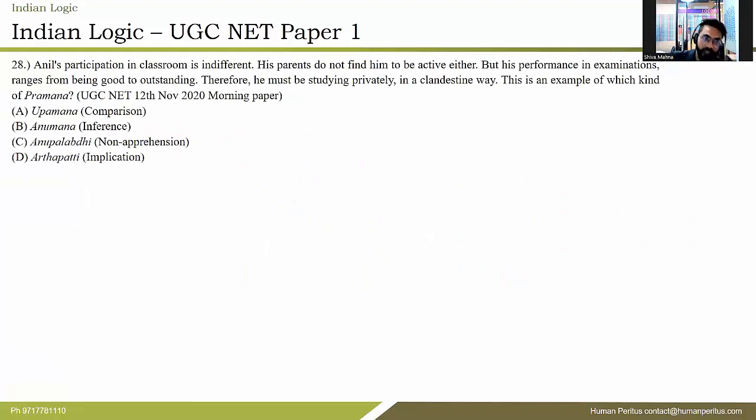The next question is, Anil's participation in classroom is indifferent. Even his parents do not find him active, but his performance in examination ranges from good to outstanding. Therefore, he must be studying in private. Now, what is actually happening? If you just think about it in a very basic manner, they are implying something.